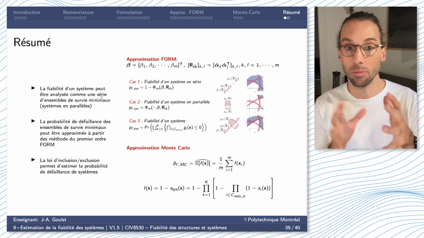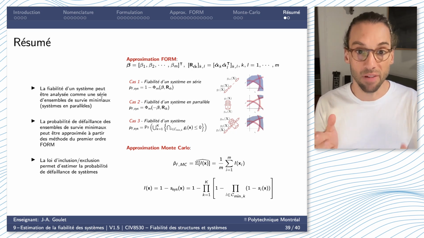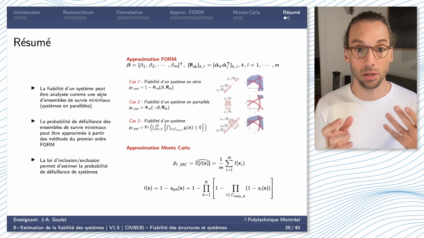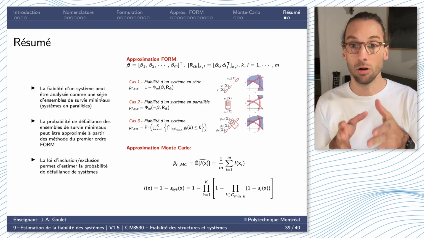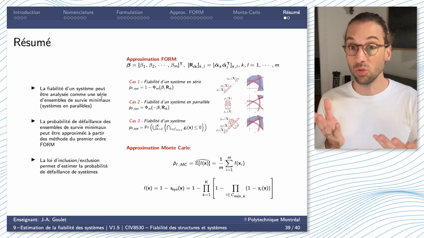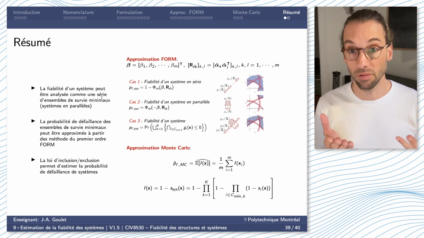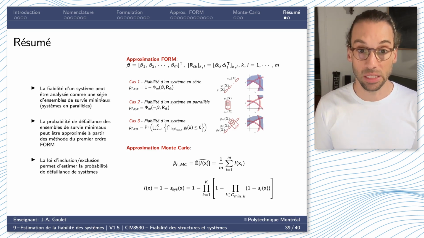So in summary, we can see that the reliability of a system can be analyzed as a series of minimal cut sets that are basically components in parallel. So we can evaluate the probability of failure for ensembles of minimal cut sets using our FORM approximation methods, which are very useful because they can evaluate the probability of failure using a minimum number of evaluations of our limit state function.